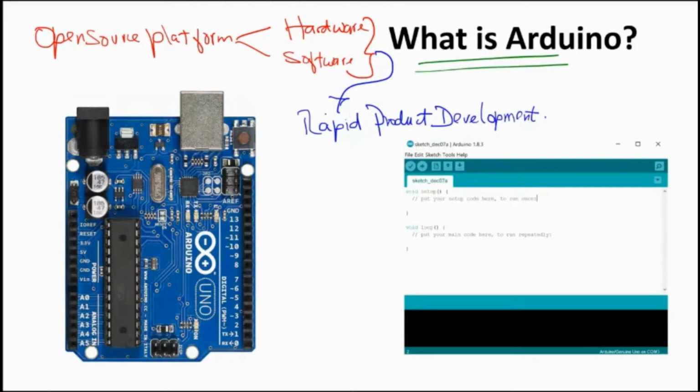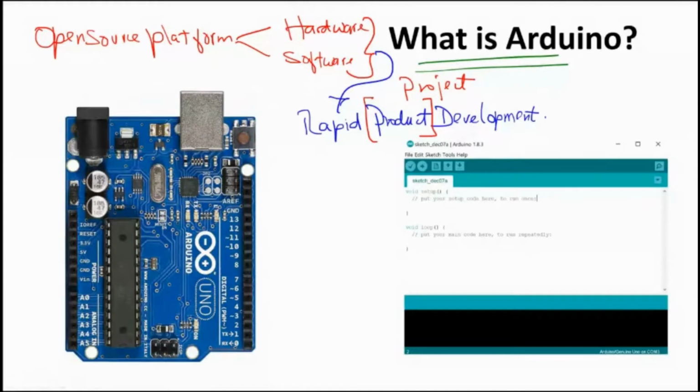This word product can be replaced by project if you are a hobbyist. If you are a serious person, then that word project is replaced by a product. But this board can be used for both.